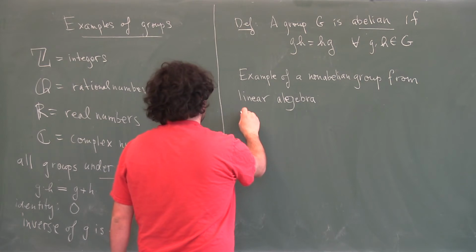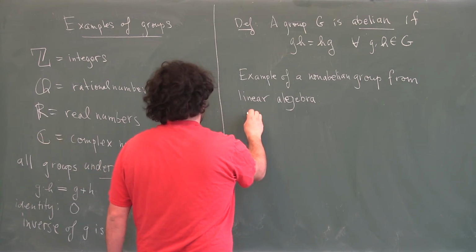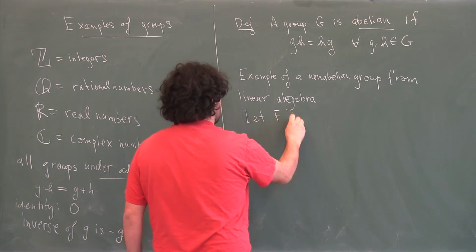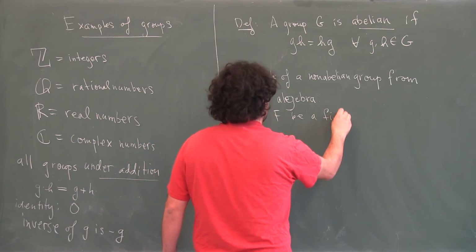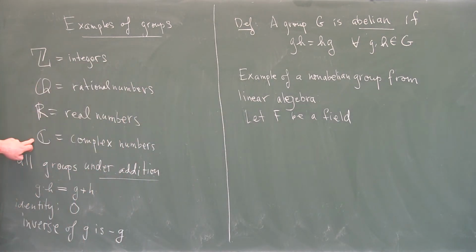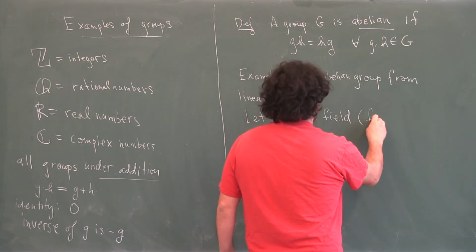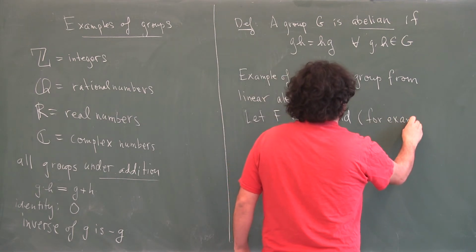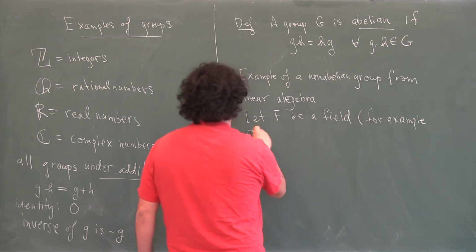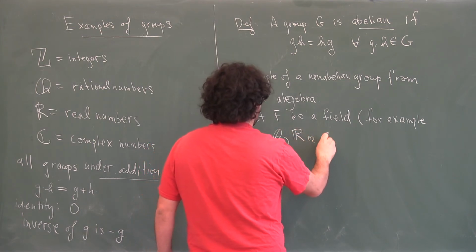So, let F be a field. If you don't know what this is, Q, R, and C are three examples of fields. So if you haven't seen this in linear algebra, just take, for example, F equals Q, R, or C.